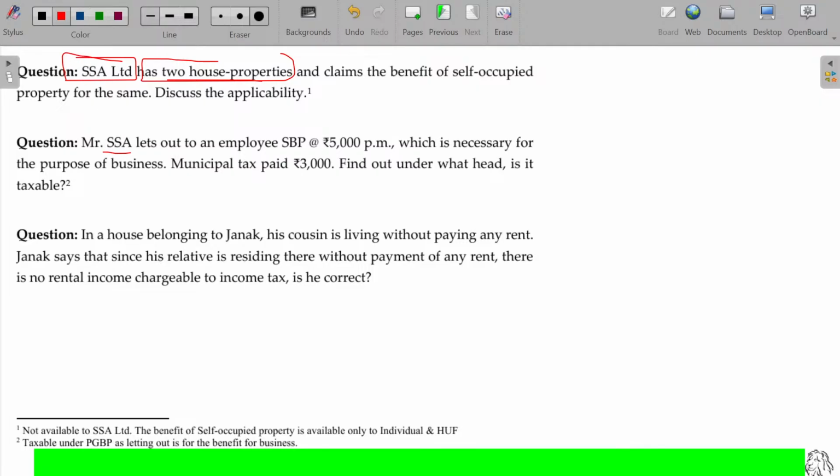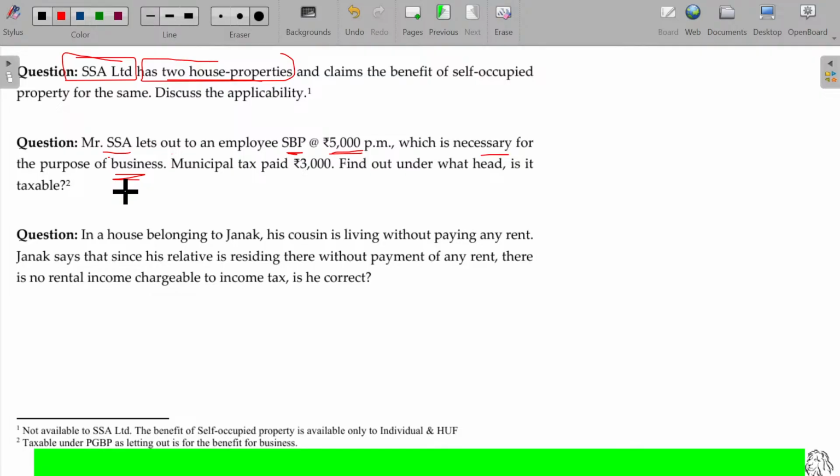Mr. SSA lets out to employee SBB at the rate of 5,000 per month, which is necessary for the purpose of business. Already told you, right? If the business owner lets out the property to somebody else, like a subsidiary company or government entity, for smooth running of their organization, like letting out property for banks.